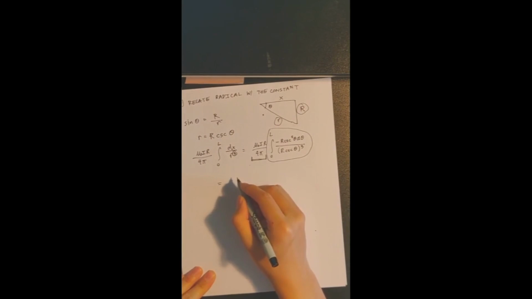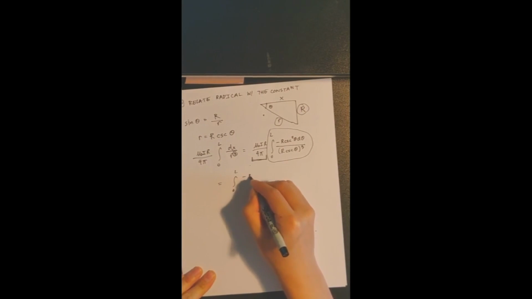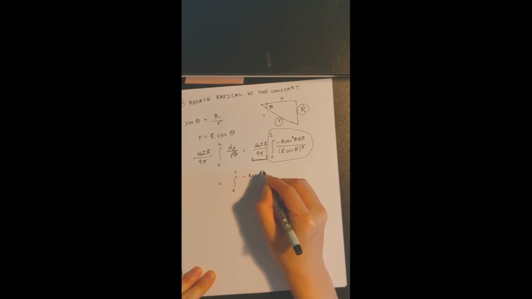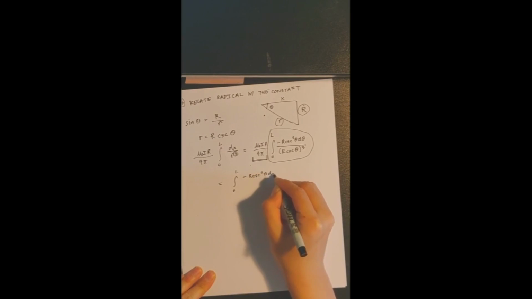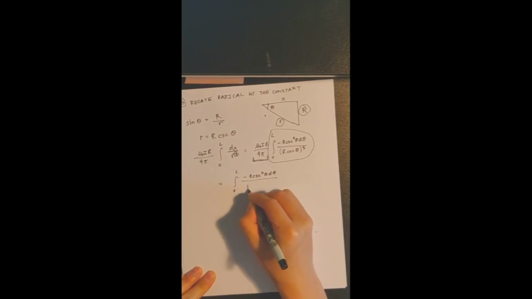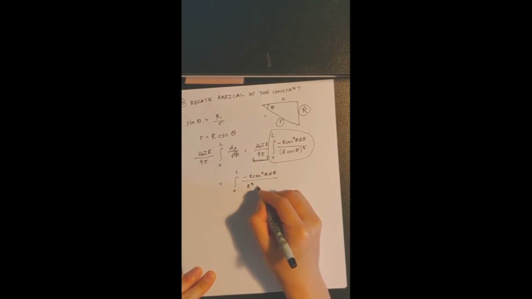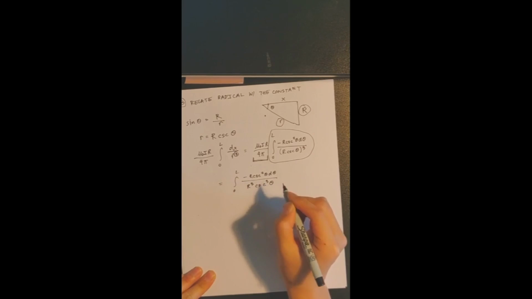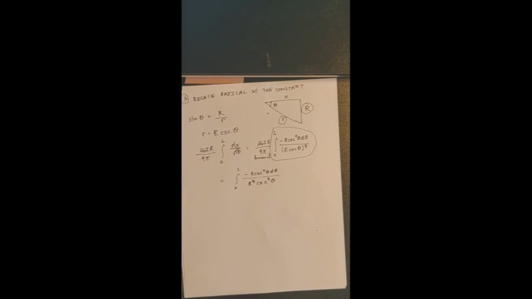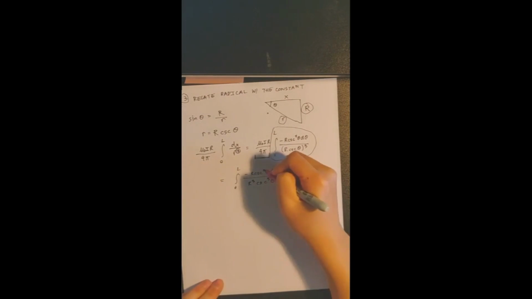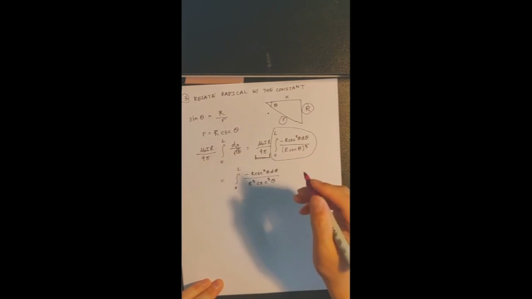So if I have to make this more clear, this is our actual integral, negative R cosecant squared theta d theta over R cubed cosecant cubed theta. And then I can just cancel out these cosecant terms and this R term here.